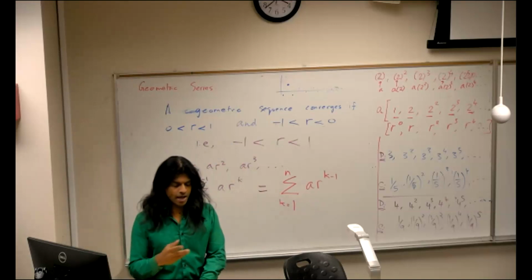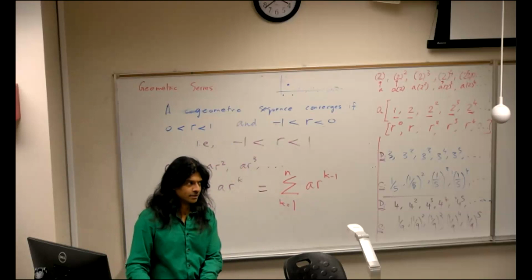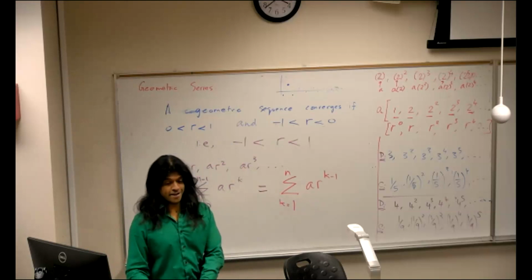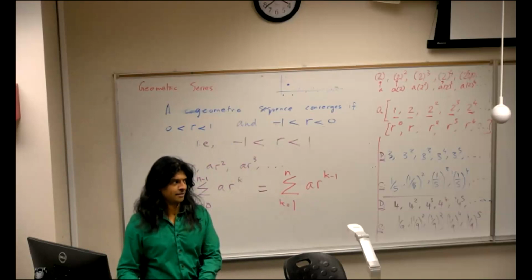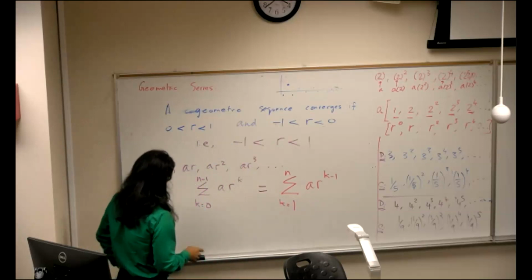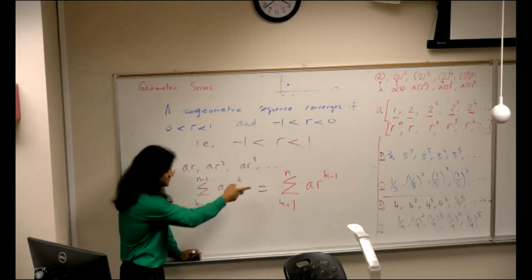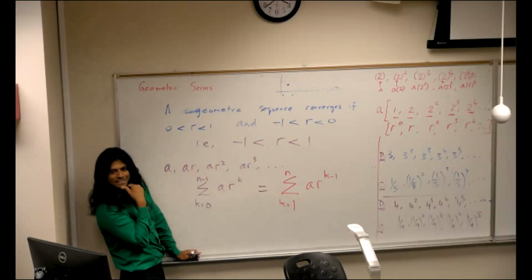If I counted 0 through 9, how many numbers do I have? 10. If I counted 1 through 10, how many numbers do I have? 10. So either way, you get n terms, right?